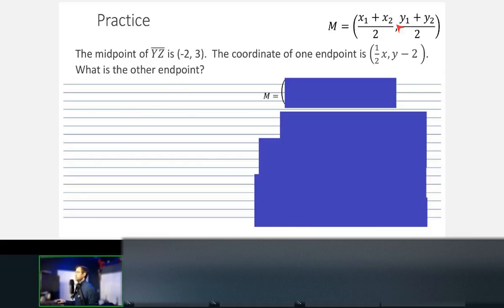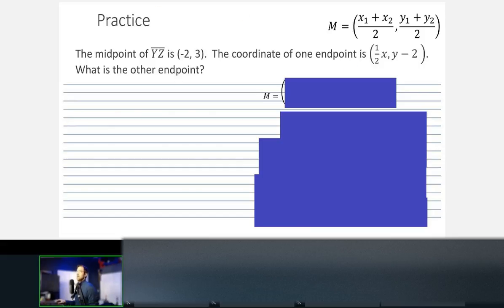So in your setup, what is the numerator going to be? 1/2 x sub 1 plus x sub 2. I like that. Alani, I like what you have.